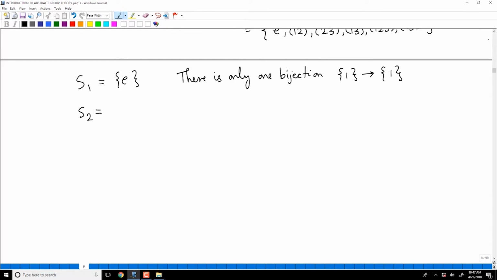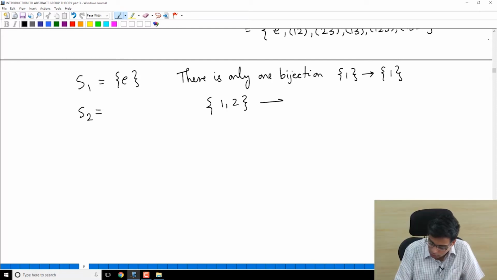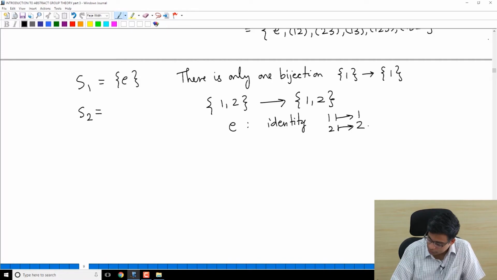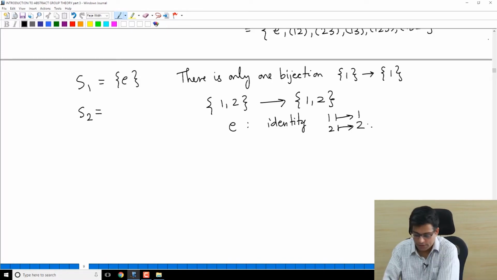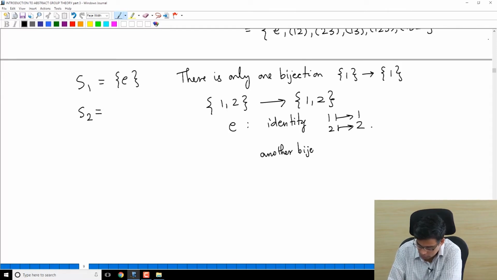What about S2? We have to look at bijections from {1, 2} to {1, 2}. There is the identity bijection, where 1 goes to 1 and 2 goes to 2. This is there always. And we have another bijection which sends 1 to 2.